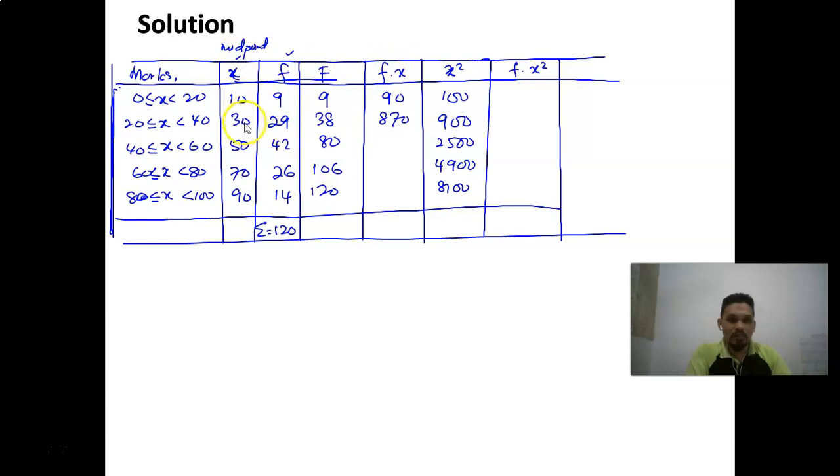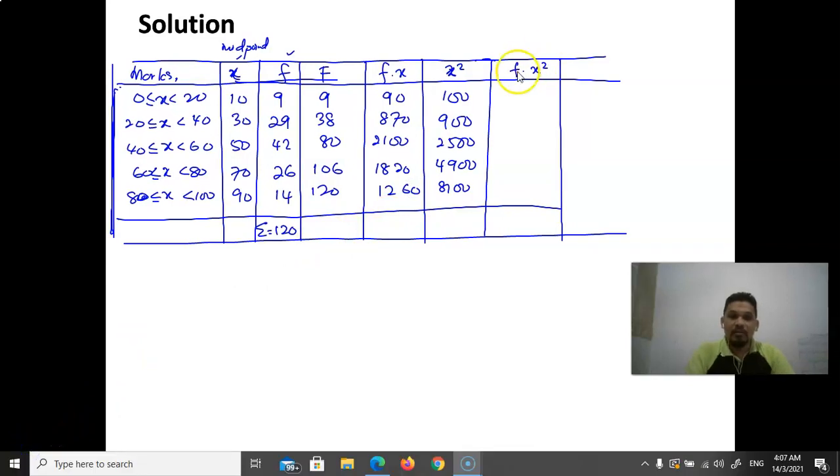So 29 times 30 is 870. 42 times 50 equals 2100. 26 times 70, 1820, and 14 times 90, 1260.